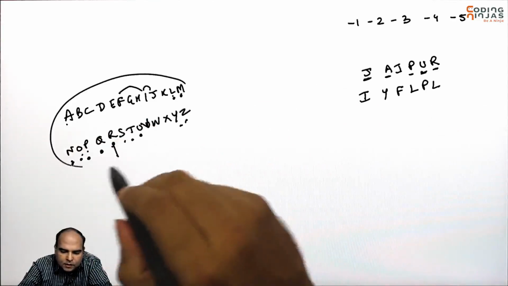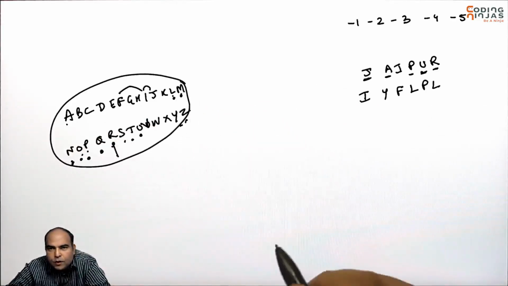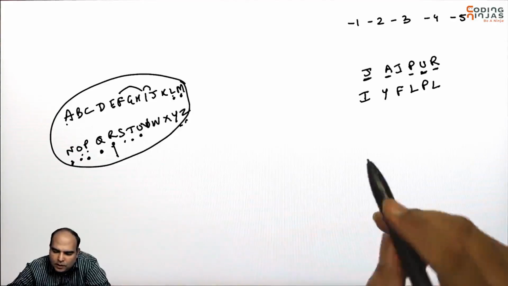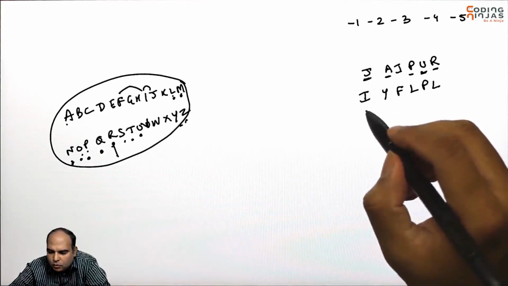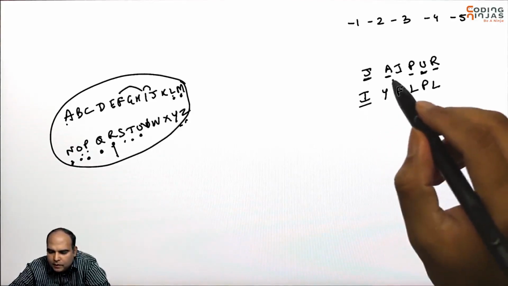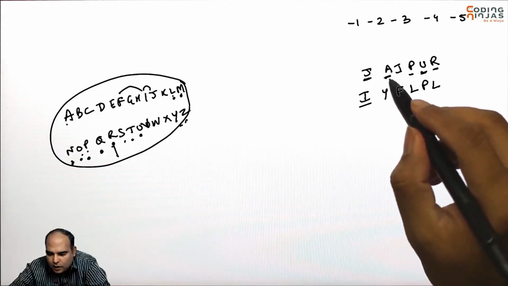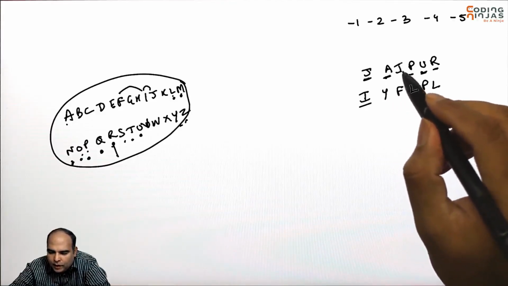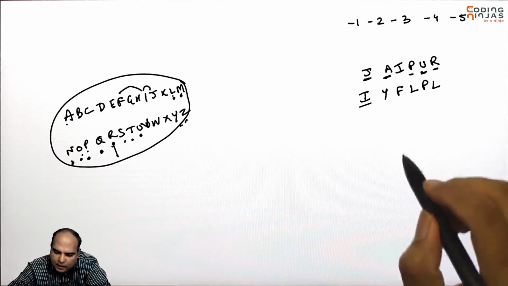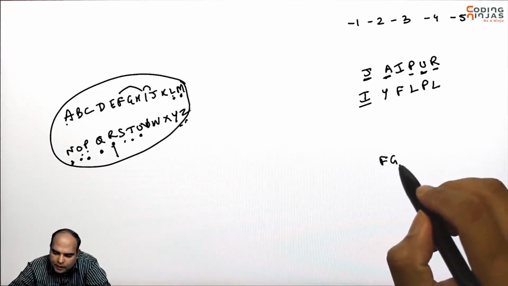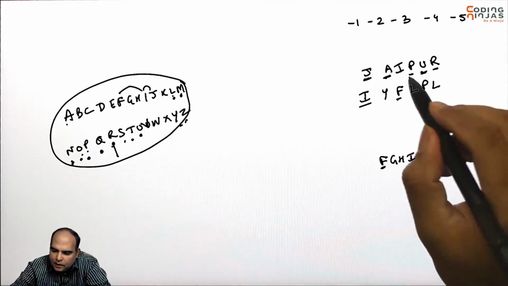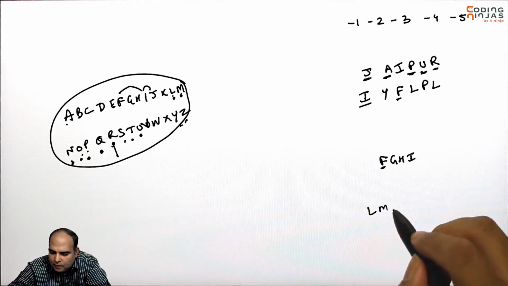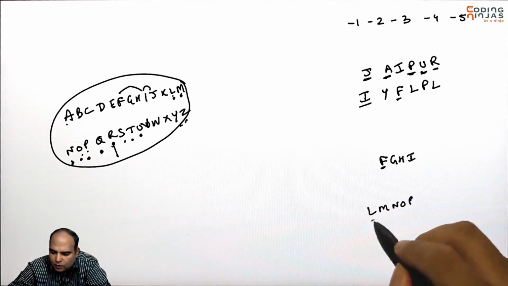So writing this reference structure might be the best way to do it, because otherwise for each one you will say I, J. So I here, then Y, Z, A, so A here. Then when you're looking at I, you will have to recite F, G, H, I in your mind to get an F there, and then for P, L, M, N, O, P is what you'll have to recite.